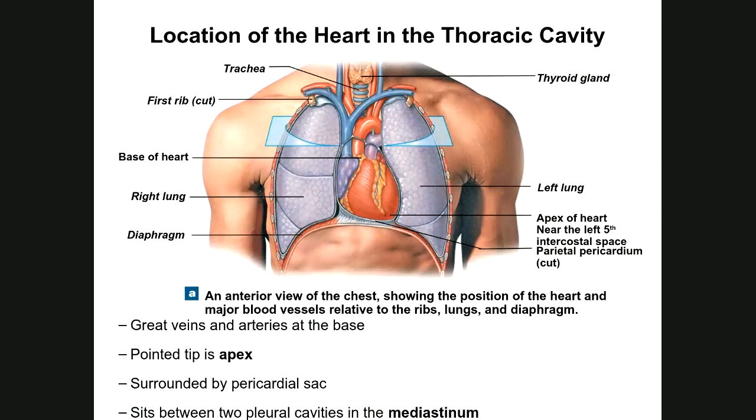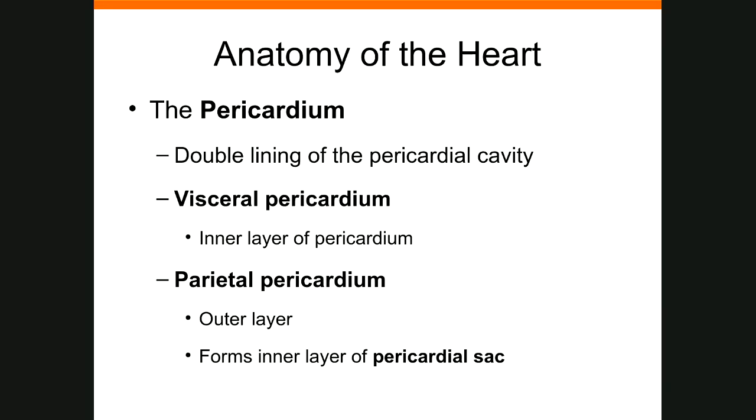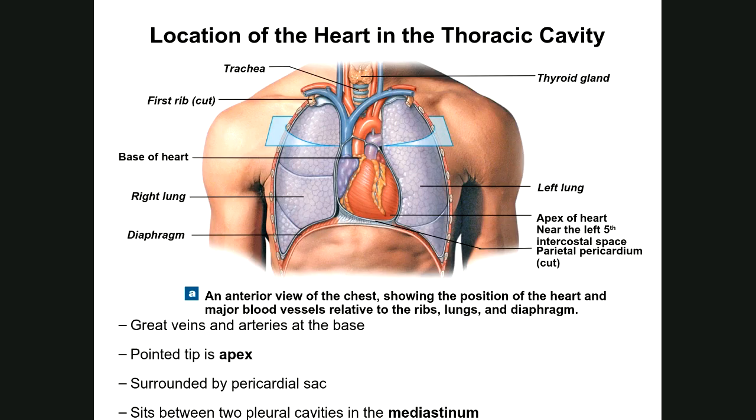Remember that all the organs are within a cavity. The pericardium is the double lining of the pericardial cavity. We have the superficial fibrous pericardium, which functions to protect the heart, attach the heart to the surrounding structures, and prevent overfilling of the heart.